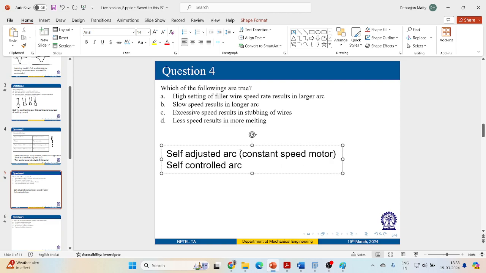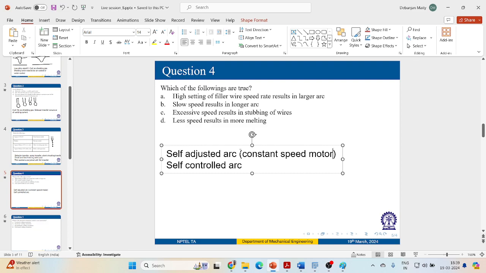Now for the self-adjusting arc, a welding power source with flat characteristics is always preferred over drooping characteristics, right? Why? There is some reason why we require these flat characteristics.